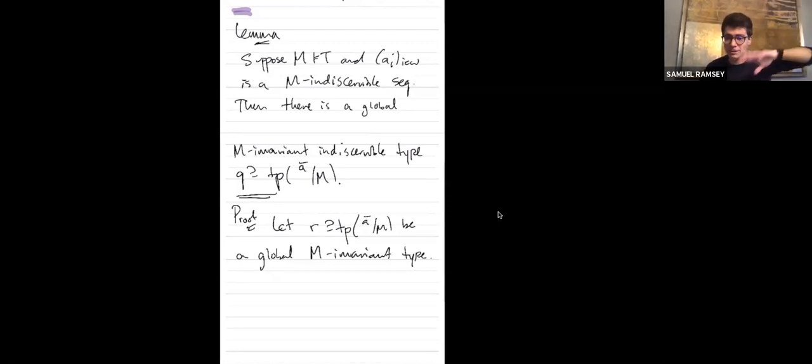So you can look at the Avd over blackboard bold M, and that'll give you some global M-invariant type extending the whole thing. So of course, if I look at the type of A bar over M, that's a type over a model, it's going to have some global M-invariant extension, although there's no reason to believe in advance that this R will be indiscernible. So we have some global M-invariant type. Now we want to convert it to an indiscernible one. How do we do that?